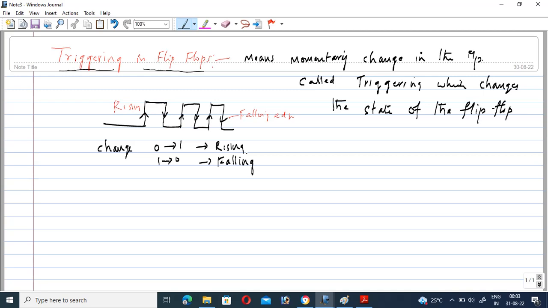One is edge triggering, and the second one is level triggering, or else we can also call it pulse triggering.